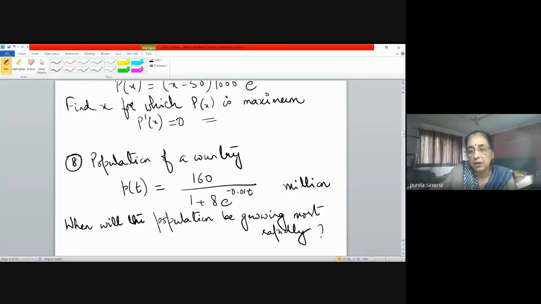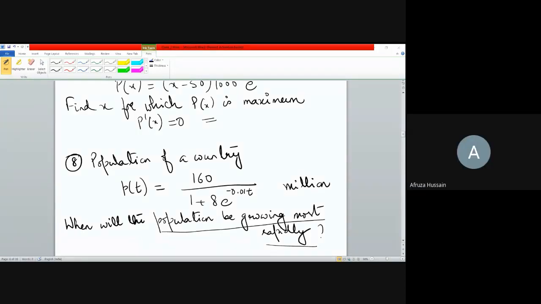Okay, now you understand the problem. It does not say when will the population be maximum. The problem says when will the population be growing most rapidly, right? So maximum किसका करना है? रेट मैम. Rate.